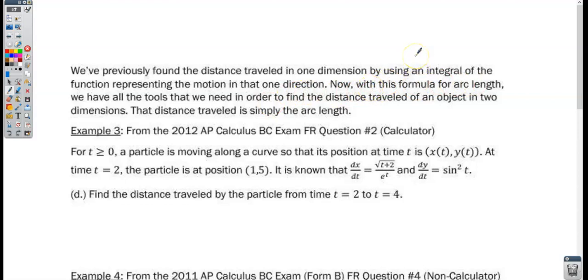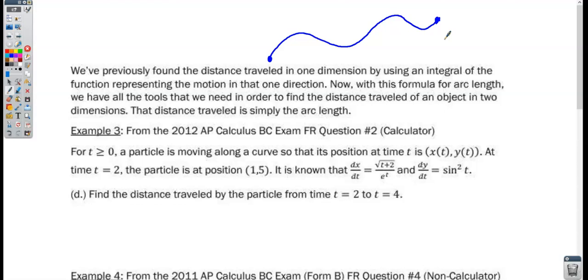And that distance traveled is just the arc length. If you imagine this smooth curve, the distance that was traveled by this object from its beginning to its end is just the length of this curve. No matter what the curve looks like, that's going to be the case.